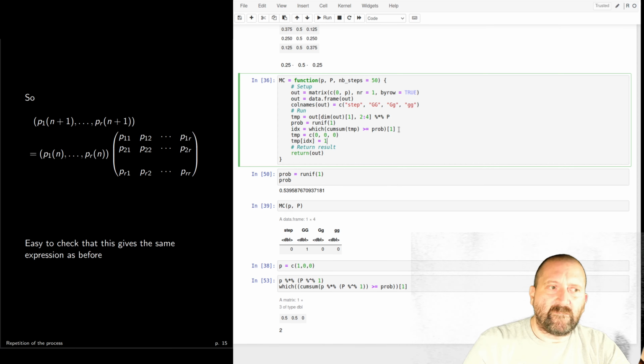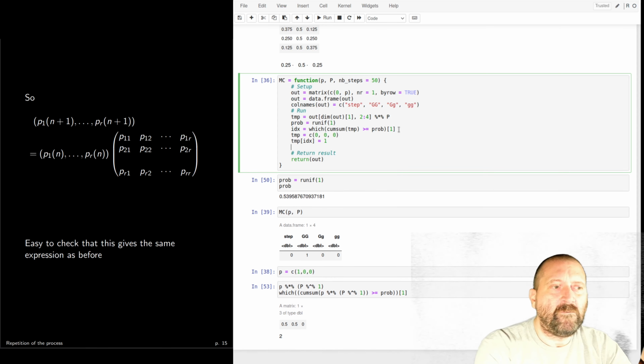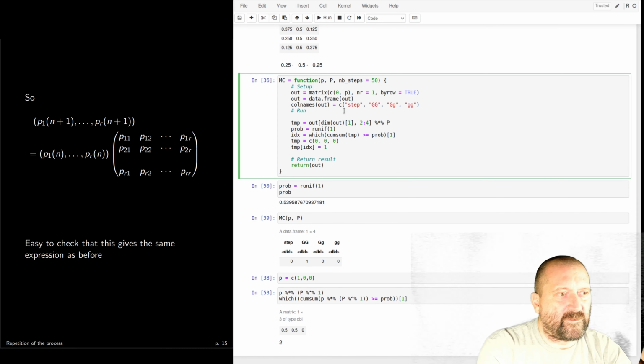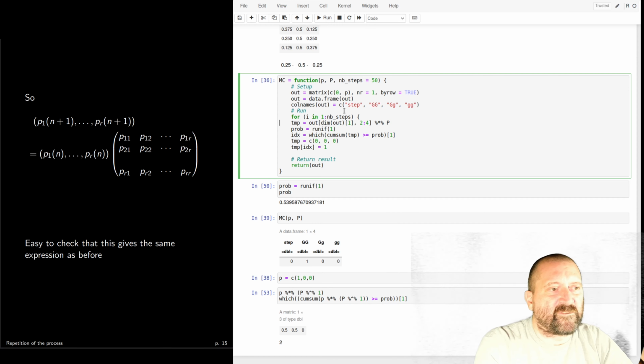The others are going to get a weight 0. And now all I need to do, and by the way, of course, this is going to be for i in 1 to number of steps. Okay, because I need to repeat this.